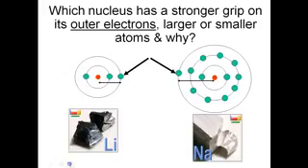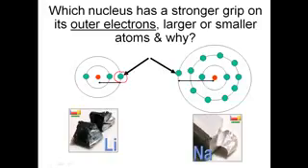My first question that I'm throwing out at you here is to examine these pictures. We have two atoms here. One is lithium and one is sodium. Lithium has two energy levels, and it has its valence electron right here on the outside of the second energy level.